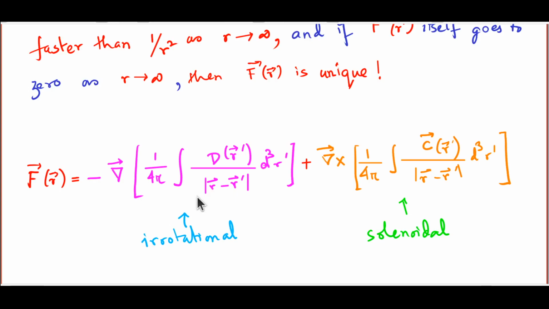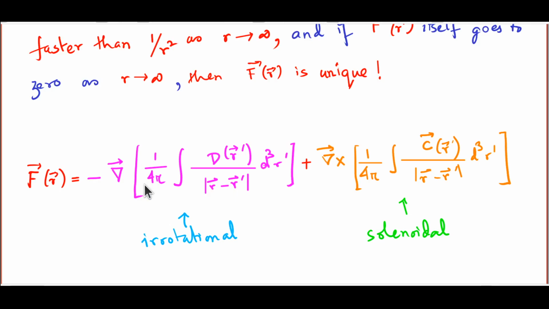And indeed, you have a very similar term involving C of R, which of course gives you a vector field after the integration, and a curl of that has to be taken. Now let me point out one thing. This term, the first part of f of r, is the gradient of a scalar field. The scalar field itself being given by an integral involving the divergence d.